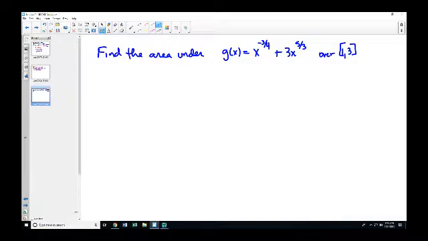So we'll rewrite it in the notation we've been using, right? We'll go from 1/3, and then x to the negative 3/4 plus 3x to the 5/3 dx. So again, we could have also just asked calculate this value, right? Those are the same question.